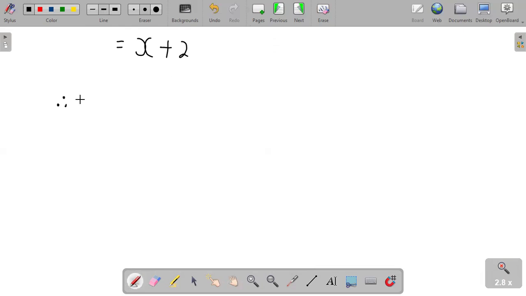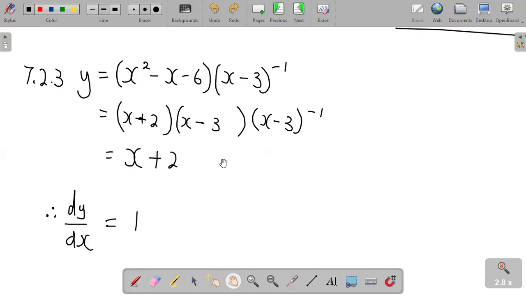So it means therefore, dy over dx is going to be equal to 1 because the y has been simplified, okay, into x plus 2.